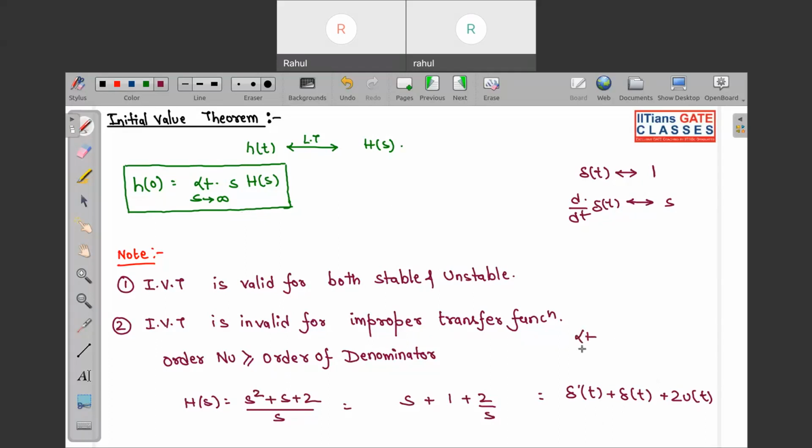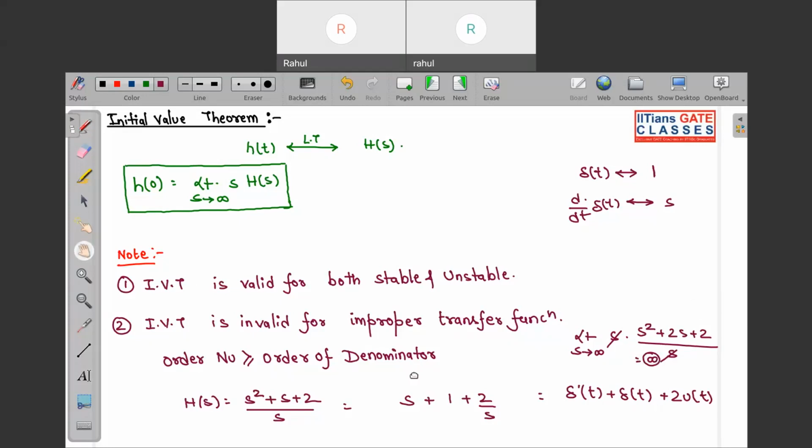Like if you put limit s tends to infinity, s into (s square plus 2s plus 2) divided by s, the s gets cancelled, and over here also you are getting infinity. So this theorem will not hold true when it is an improper transfer function.